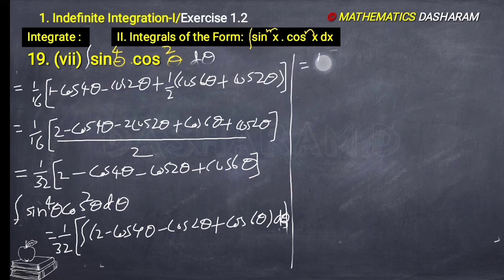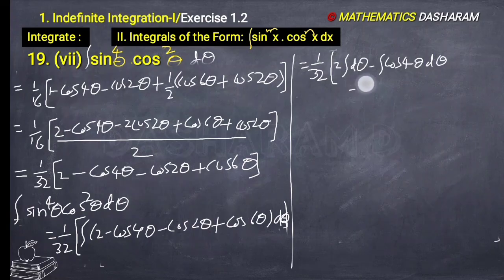It is equal to 1/32 bracket of integration, here 2 is a constant, so 2 into integration d theta minus integration cos 4 theta d theta minus integration cos 2 theta d theta plus integration cos 6 theta d theta.